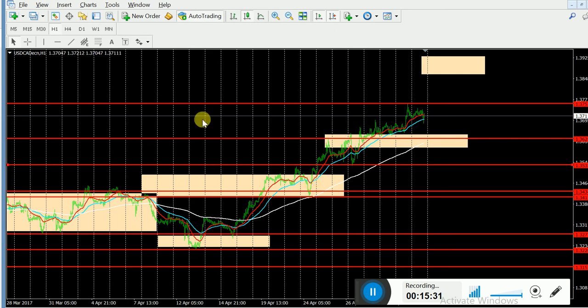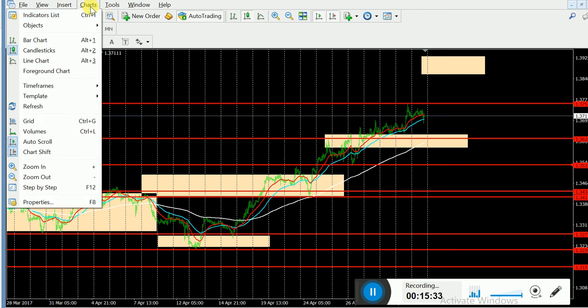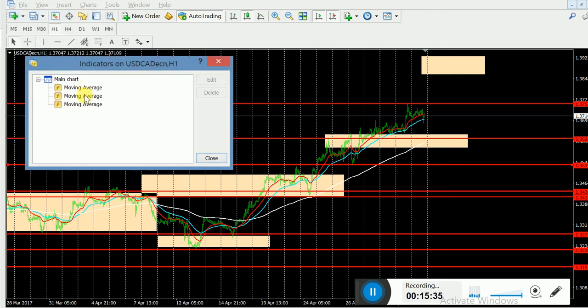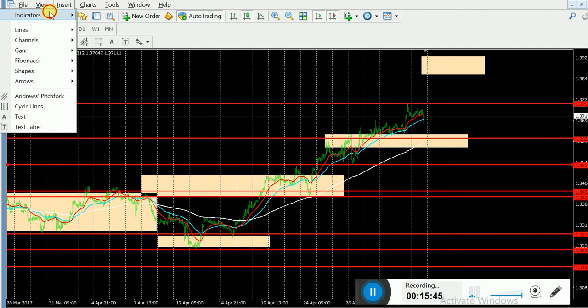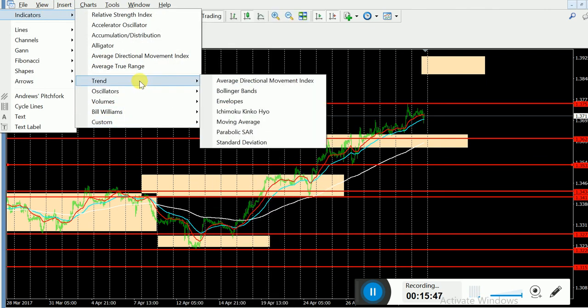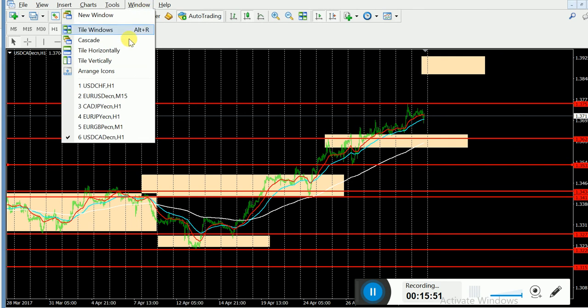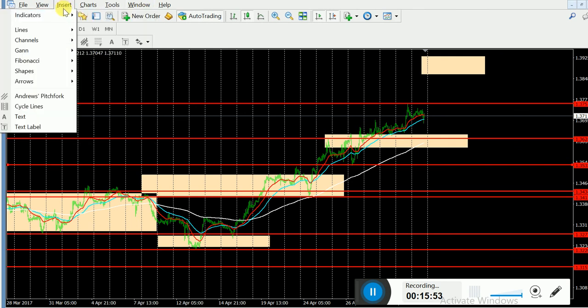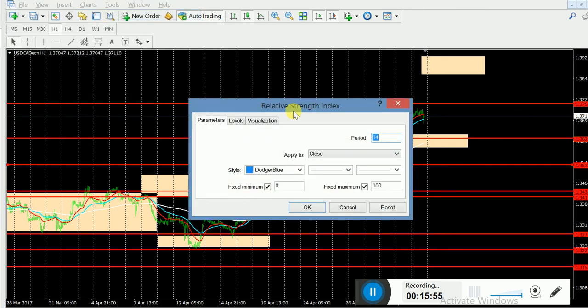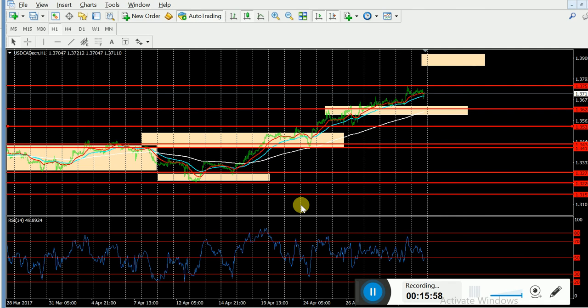Now, like I said, you're going to want to go ahead and take a look at these indicators. Just 3 moving averages. Just 3. And actually, let me go ahead and get you guys familiar with the RSI. Okay.